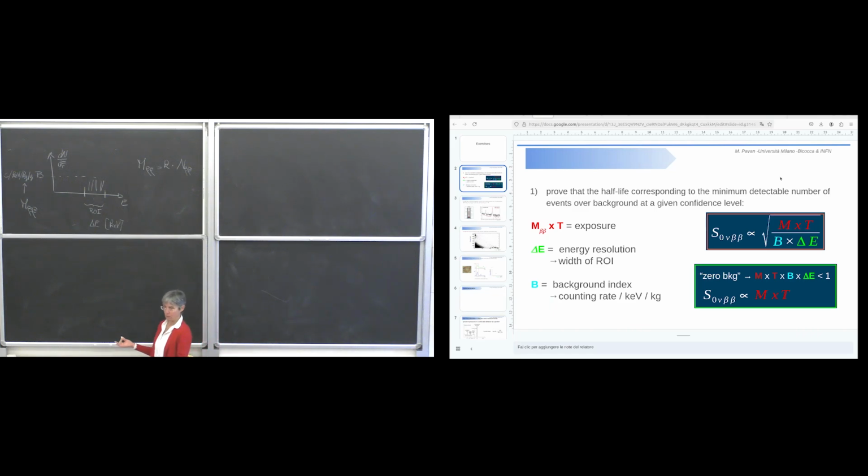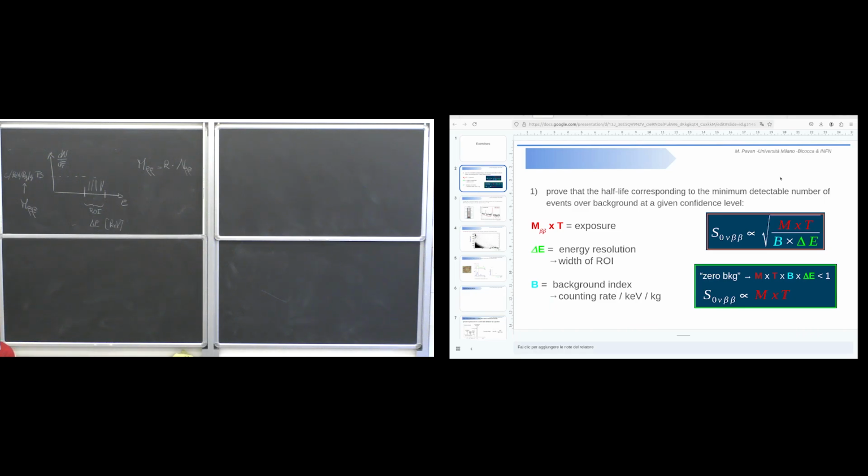Why? Maybe because double beta decay does not exist, or because I do not have events, because I did not wait for a time long enough. And finally, it is also possible that double beta decay events are there, but hidden by the background. Okay?